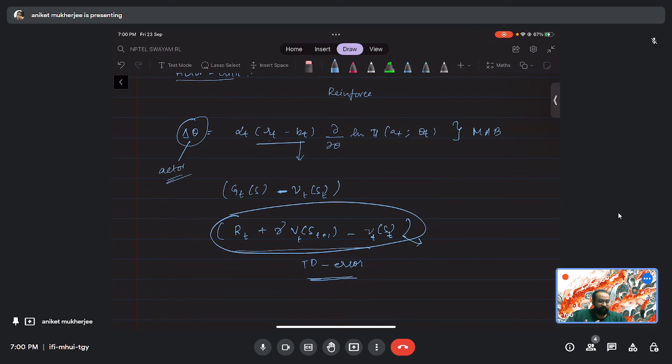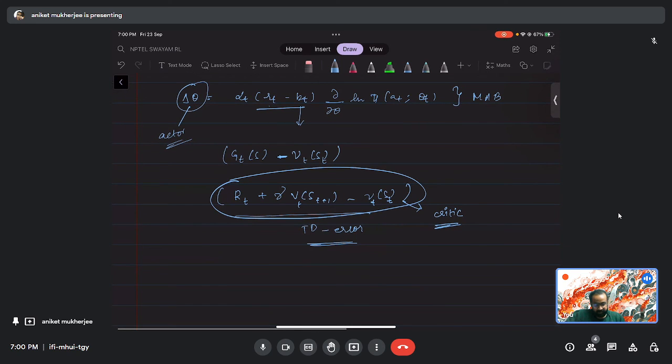The critic learns by TD error. So we have theta updates, and we have the value updates. The theta update is basically alpha times delta t times this.